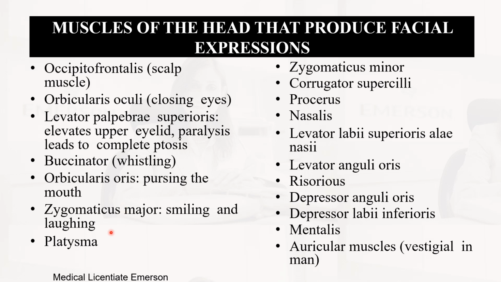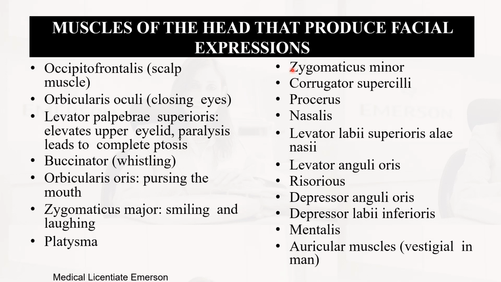Then you have the platysma, the zygomaticus minor, the corrugator supercilii, procerus, nasalis, levator labii superioris alaeque nasi, levator anguli oris, risorius, depressor anguli oris, depressor labii inferioris, and the mentalis. Then you have the auricular muscles, which are vestigial in man.